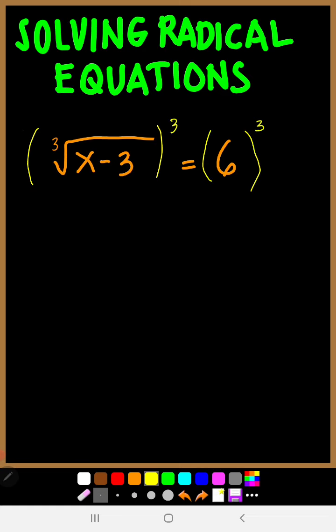Okay. So what is left here is x minus 3 is equal to 6 cubed, which is equal to 216. Okay? And then, all we have to do is isolate the x on the left side.